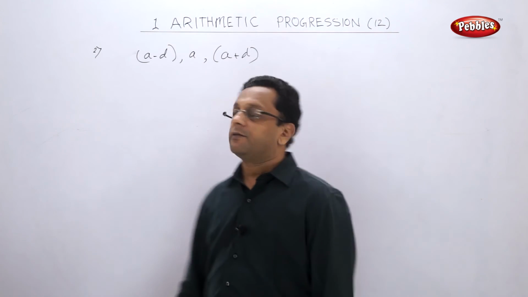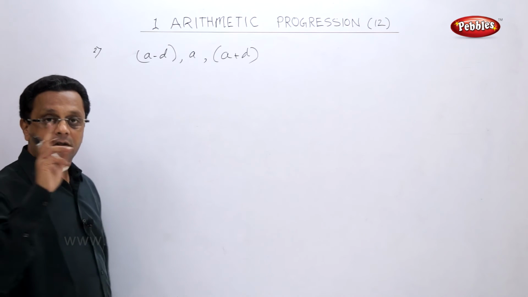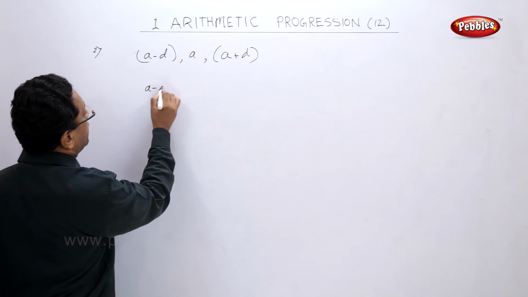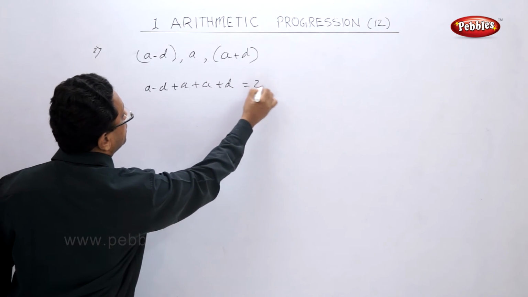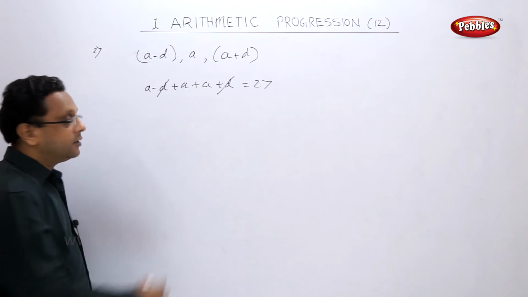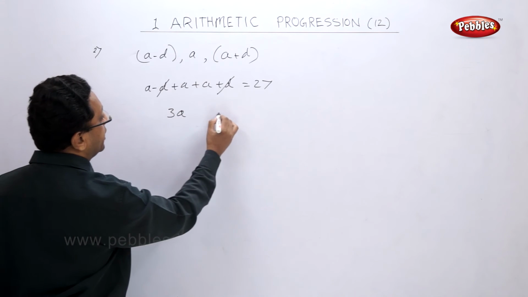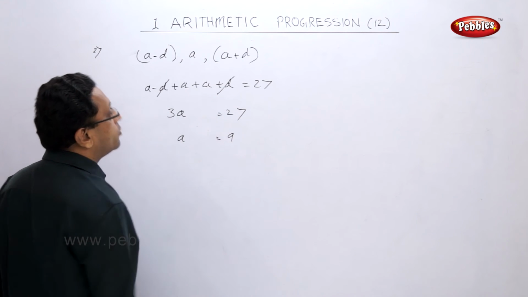Sum is 27. So a minus d plus a plus d is equal to 27. Let us see what will get cancelled. d will get cancelled, and we get 3a equal to 27, a equal to 9.